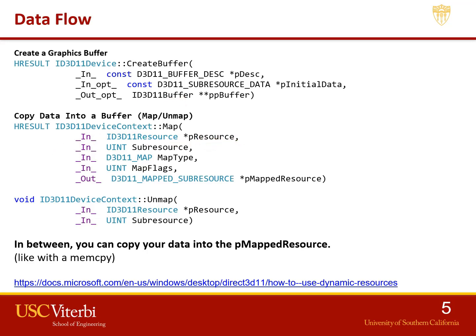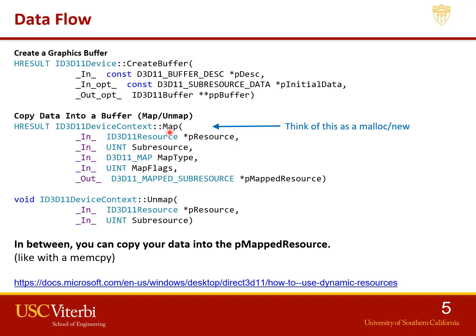My D3D11 buffer is a resource, so I'll put that here, and then I will get back, see this is an output variable, the mapped resource, and in there is the address that I'm allowed to use. So I just use a memcpy, a good thing to use, or something like that to fill in that address with the data I want to send. And then when I'm done with it, I'll call unmap, and that's when it'll actually send it over.